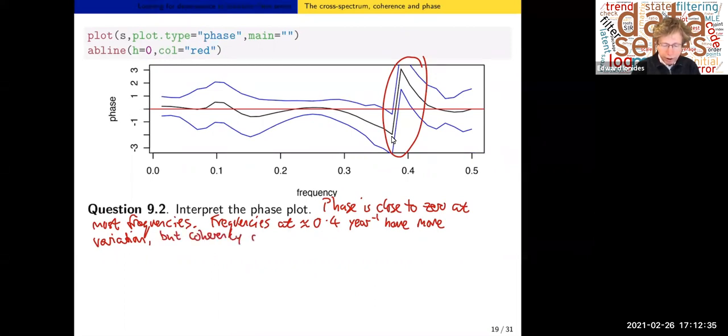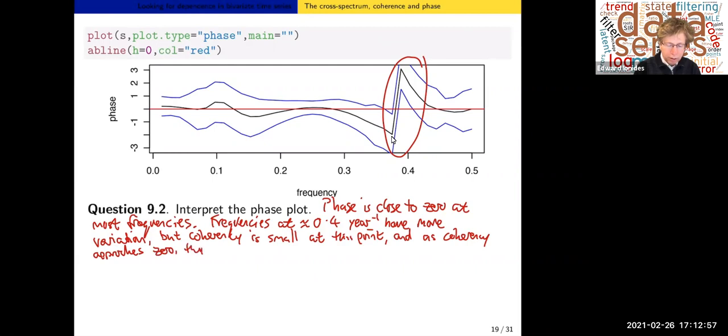Coherency is small at this point. As coherency approaches 0, the phase becomes undefined. Okay.